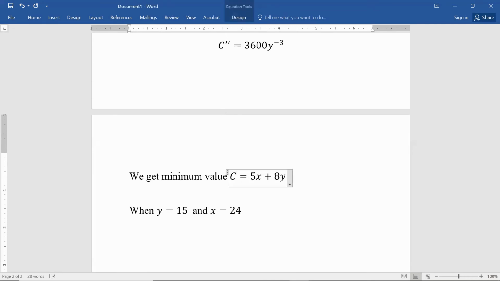So the minimum value happens when x is 24 and y is 15. That c becomes 240. So the minimum value is equal to 240, and that happens when y is 15 and when x is 24.